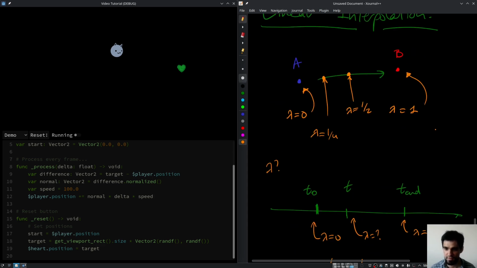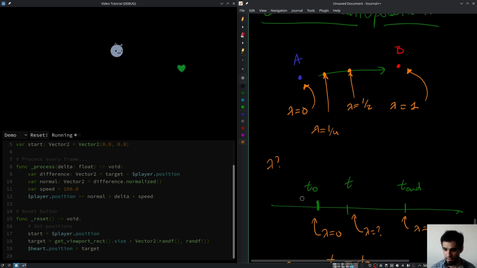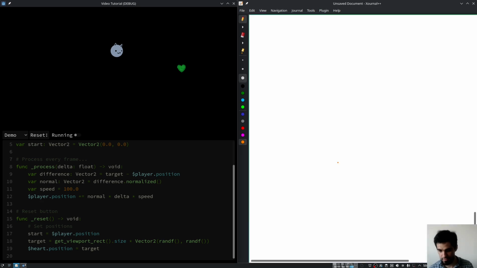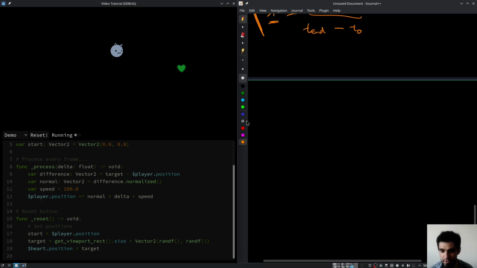But how do we now get the position from A to B? It's going to be quite similar, but in the opposite way.